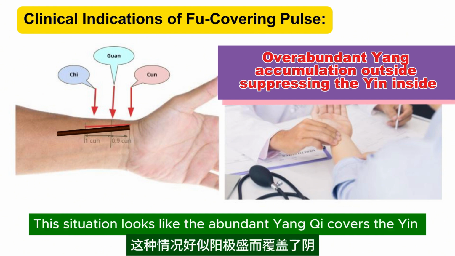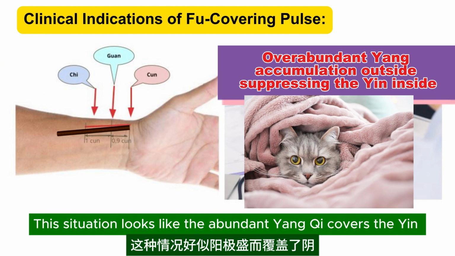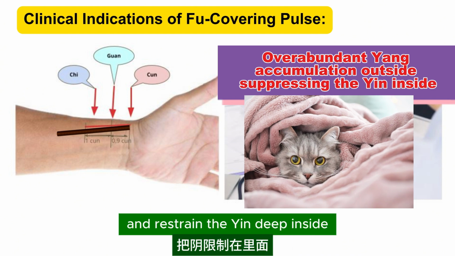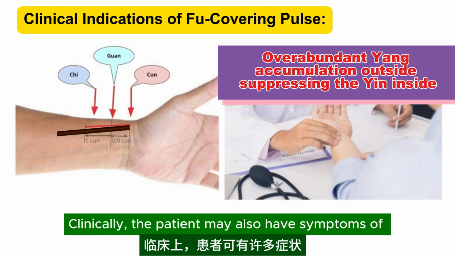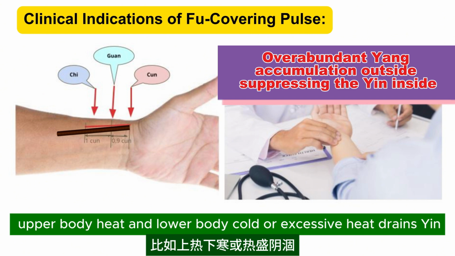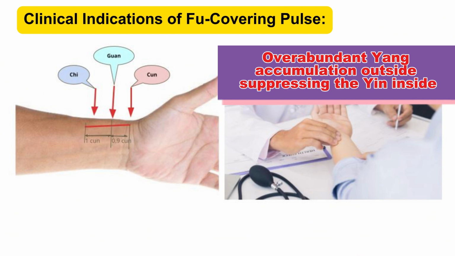This situation looks like the abundant yang qi covers the yin and restrains the yin deep inside. Fu in Chinese means covering. Clinically, the patient may also have symptoms of upper body heat and lower body cold, or excessive heat drains in.